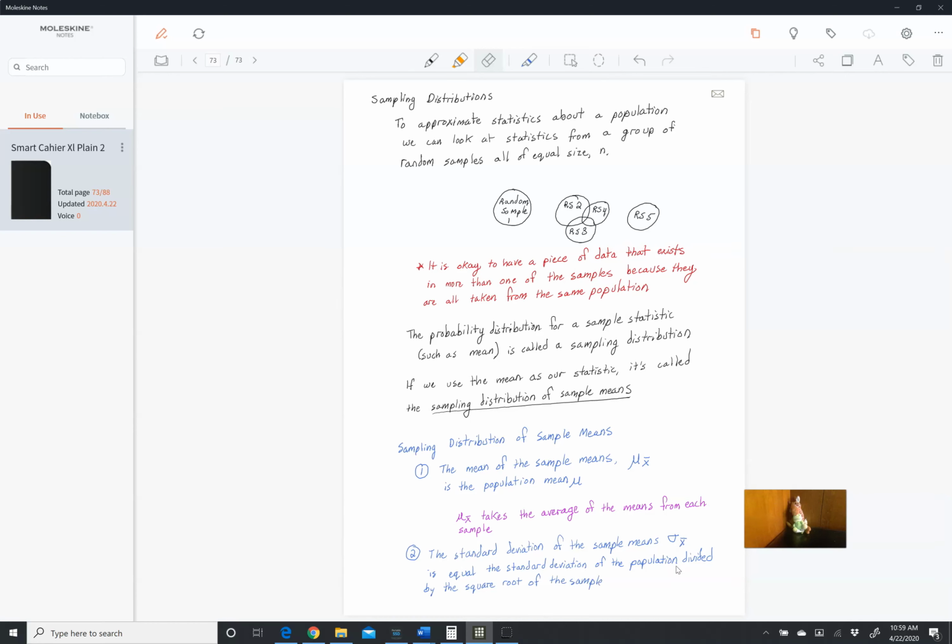In other words, as a formula, the standard deviation of the sample means is equal to the standard deviation of the population over the square root of n, which is our sample size. Okay, this is referred to as the standard error of the mean.